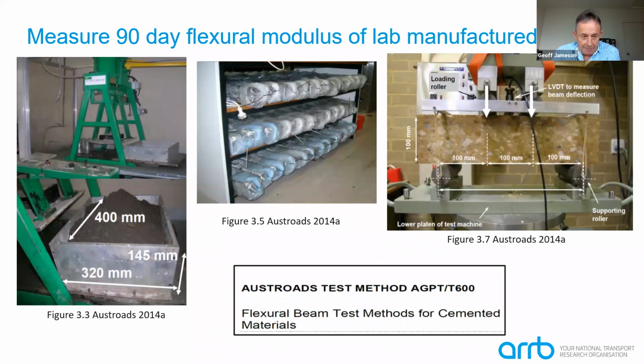On the left-hand side, we compact the loose material in a mould with a segmental roller to the required density. We then cure those materials for the 90 days, moist curing. And then we put them in our test rig and measure the modulus. And there's a test method, as I mentioned, that's been developed recently for doing that test.